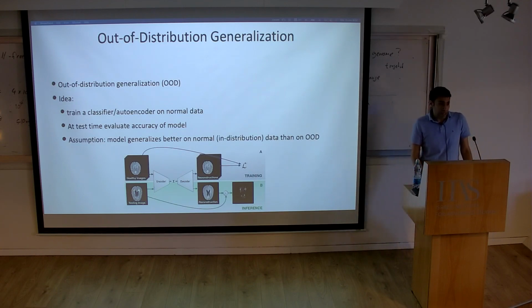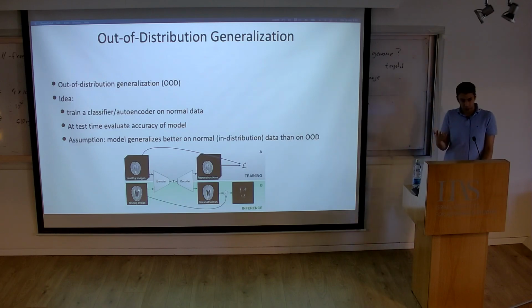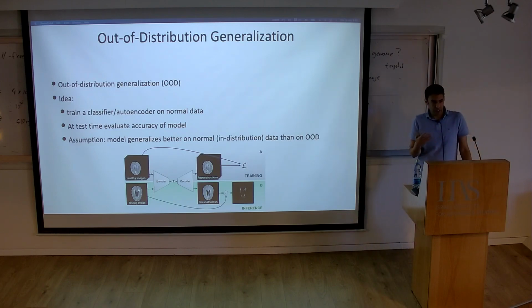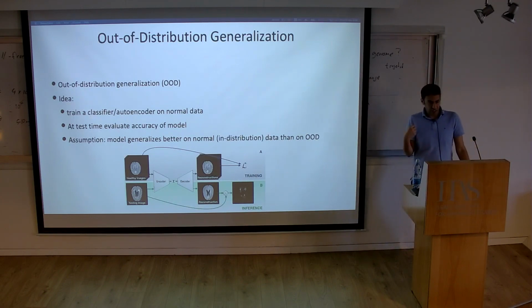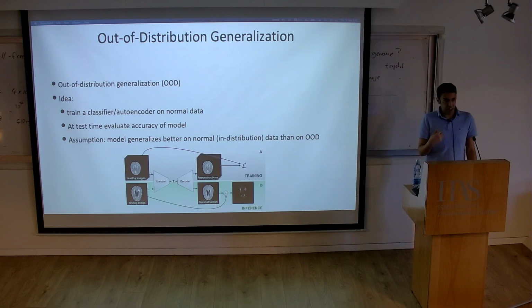And then at test time, we give it new unseen images. If the autoencoder is unable to reconstruct those images, then we say that this image is predicted to be anomalous. Whereas if the autoencoder is able to reconstruct those images, then we say that this image is normal.